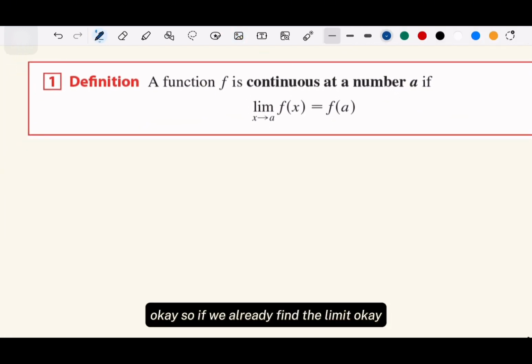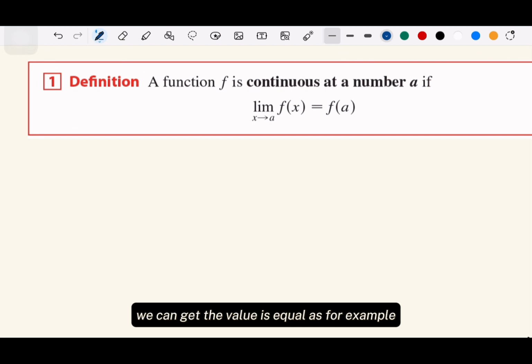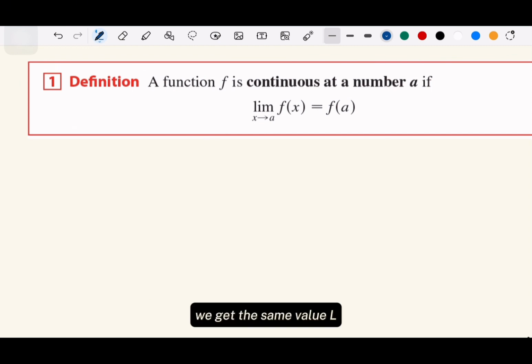Okay. So if we find the limit, we get the value, equal to L, for example. And then if we plug a into the function, we get the same value L. It means that the function is continuous.